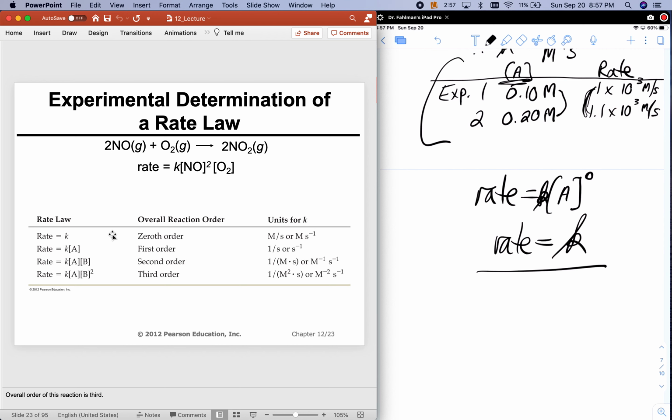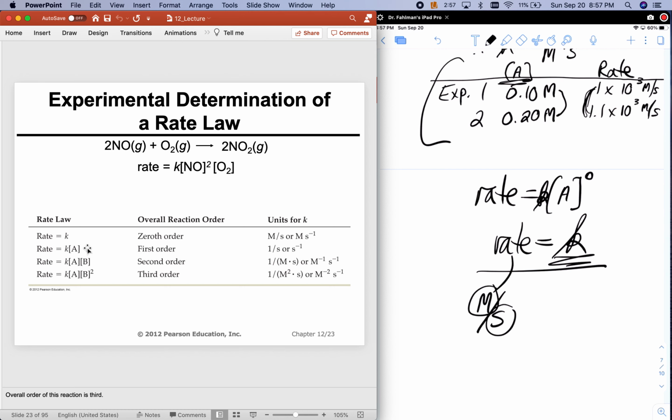In that case, the value for the rate constant is just whatever the rate would be, which is some concentration per unit time. So that's concentration per second, or written as M seconds to the minus 1.